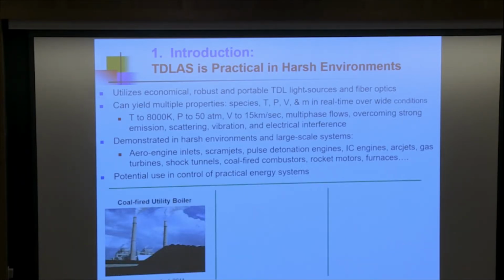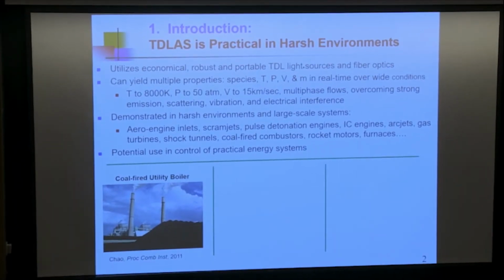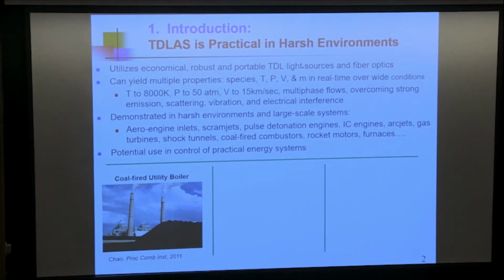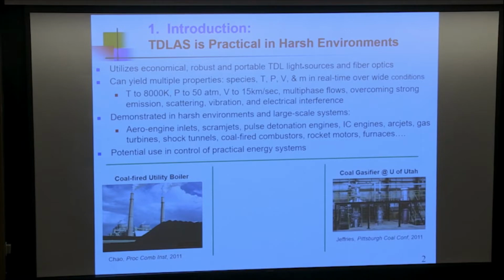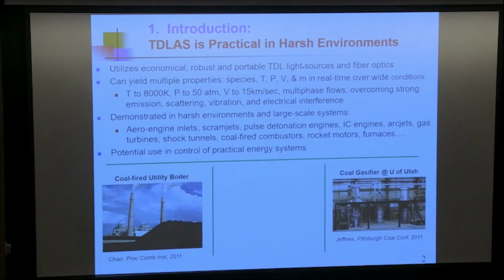So about 10 years ago, we made the measurements in a coal-fired boiler. The challenge of that is that everything's way up off the ground. The measurements are made 100 feet off the ground in some sort of tower structure that allows access to the optical path. Coal gasifier, that was a challenge 10 years ago, because in coal gasifiers there's a lot of scattering of light, and you're going to see how severe that is.